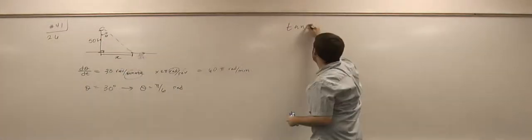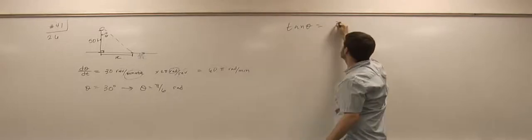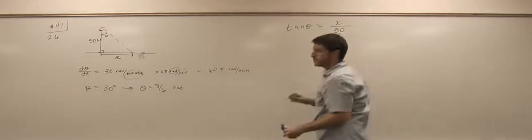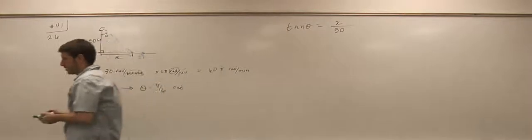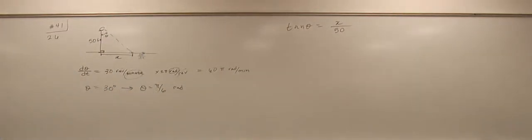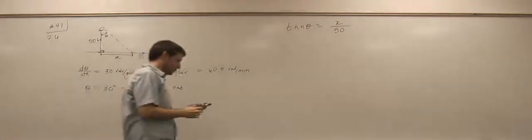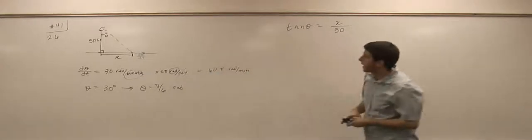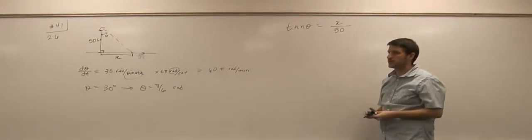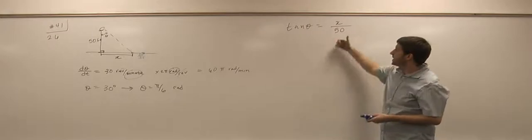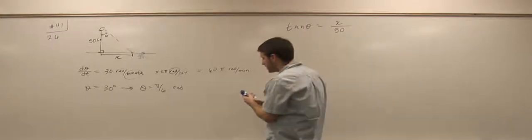So you can start right away by saying tan θ is equal to opposite over adjacent. That's fine, but I want to know about dx/dt, so I need to take the derivative of both sides with respect to t.